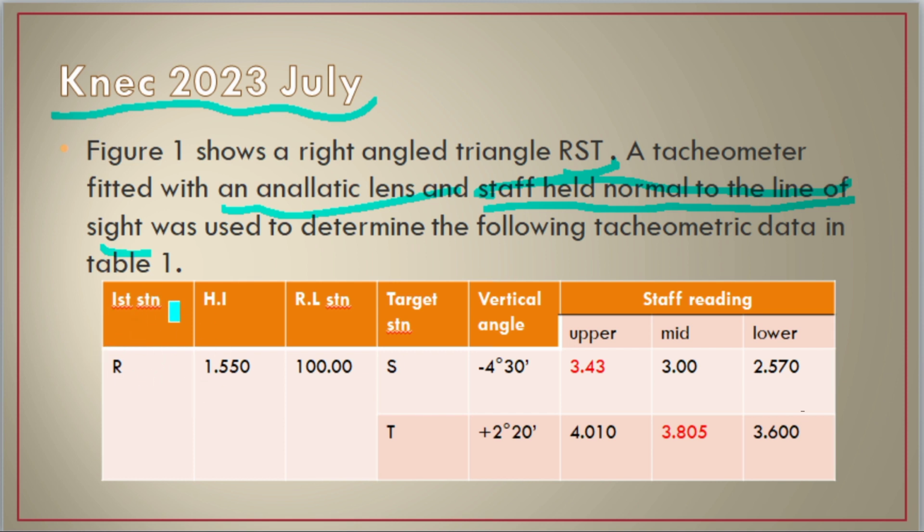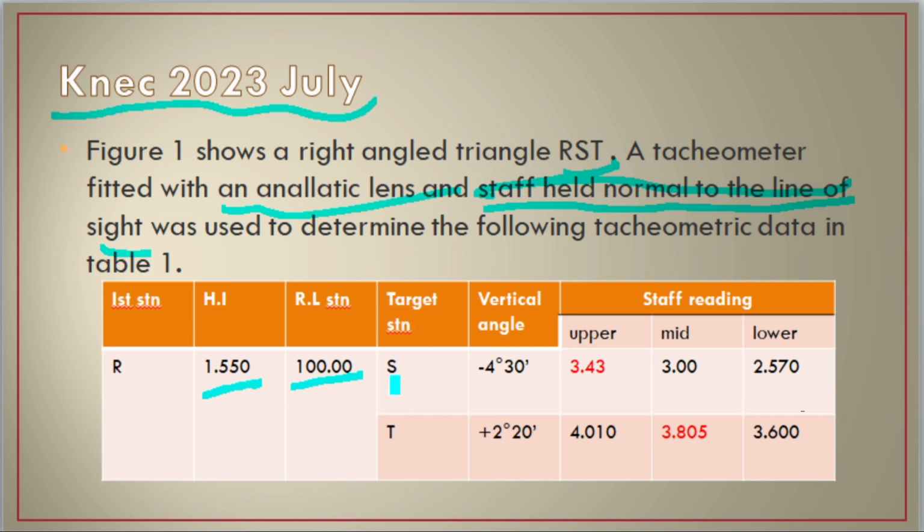Here we have the instrument station R, the height of instrument given there as 1.55, and the reduced level of R given there as 100 meters.